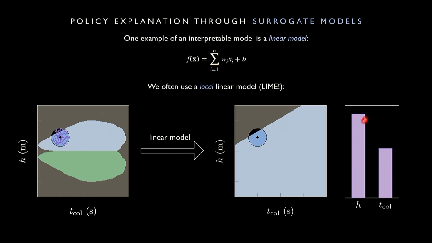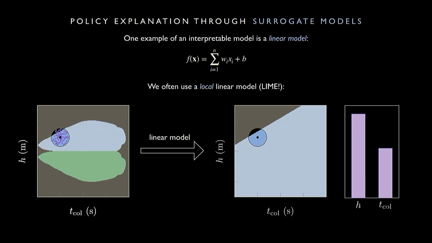For example, it seems like the weights for both the relative altitude of the aircraft and the time to collision are important for determining the action that we take in this particular region. You could probably figure that out without this for this particular example, but in general, when we have these higher dimensional things, building these linear models can be really useful.